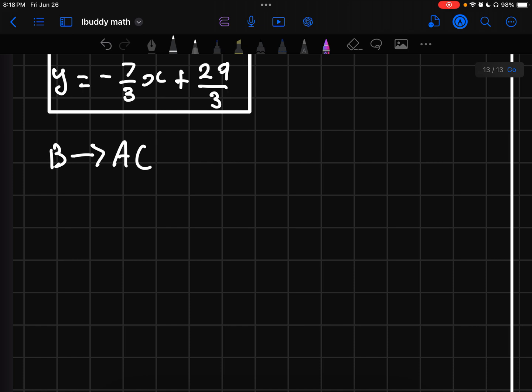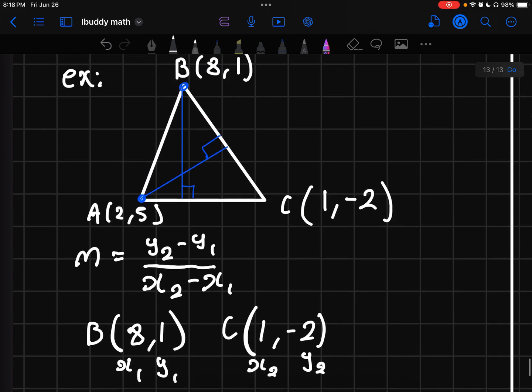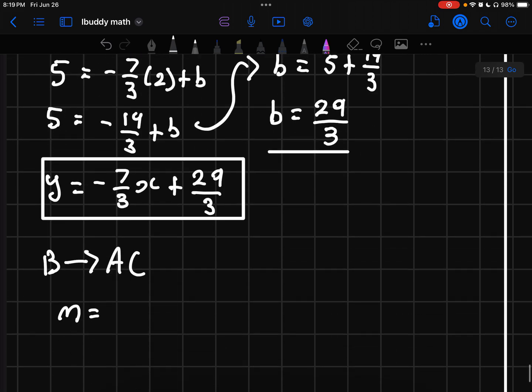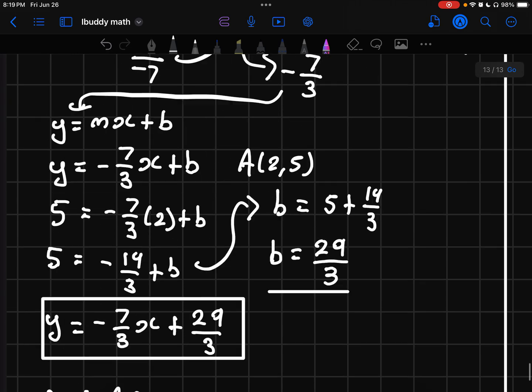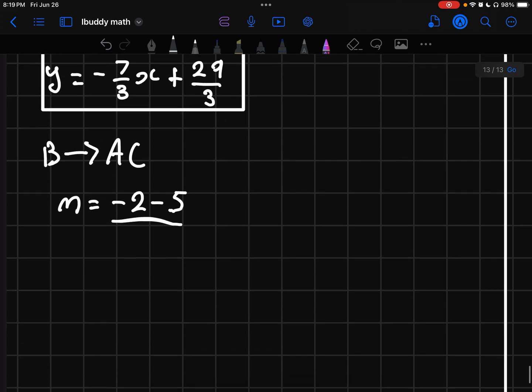So first we have to find the slope of AC. And that would be m is equal to -2 minus 5 over 1 minus 2.